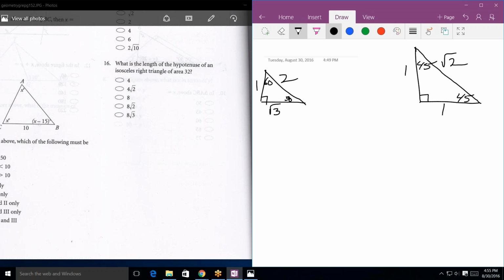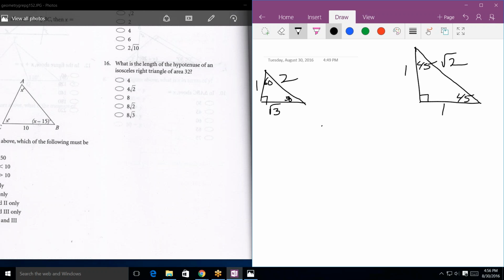Because whenever you come up against a 30-60 right triangle or a 45-45 right triangle, you can solve it almost instantly. Whereas if I say solve it using the Pythagorean theorem, there's a lot of math in that. It's quicker if you know this.